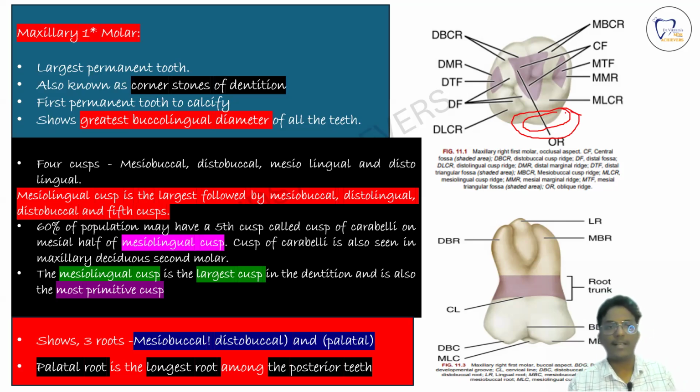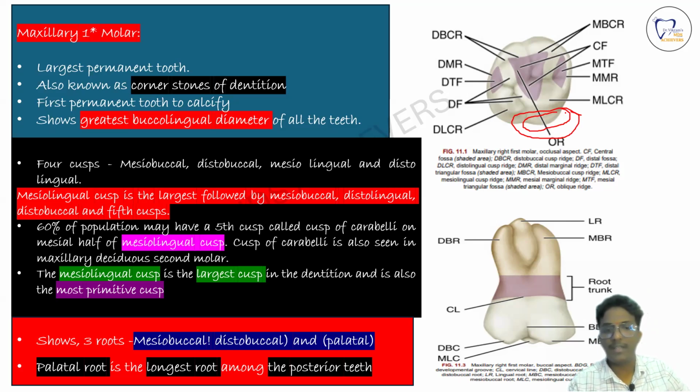About 60% of the population may have the fifth cusp, called the cusp of Carabelli, on the mesial of the mesiolingual cusp. The cusp of Carabelli is also seen in the maxillary second molar, as we have discussed. The mesiolingual cusp is the largest cusp in the dentition and is also the most primitive cusp.